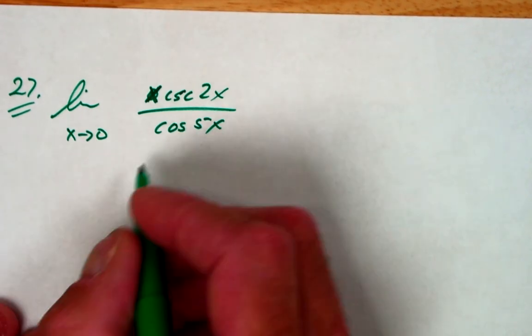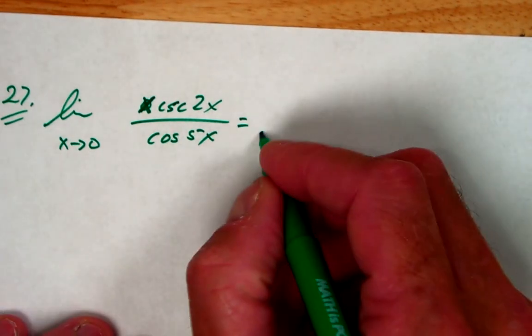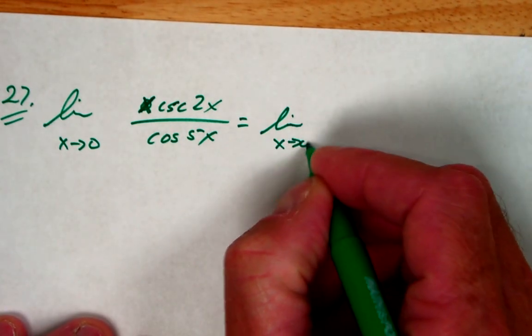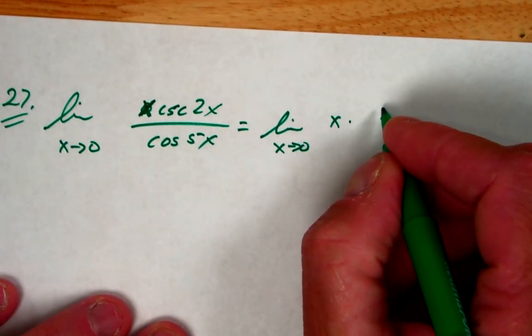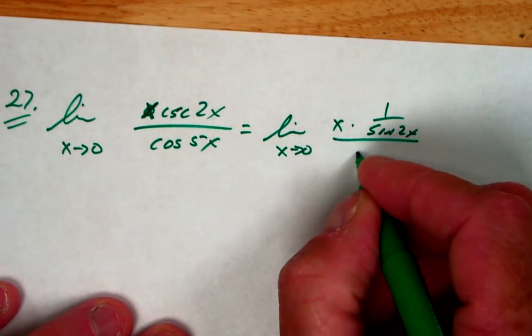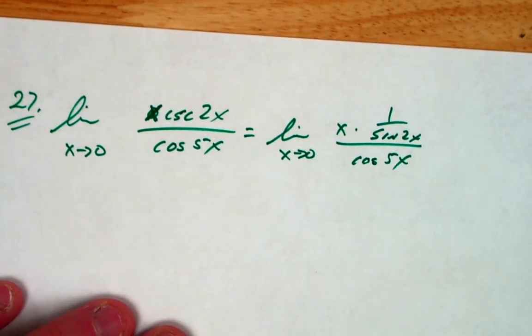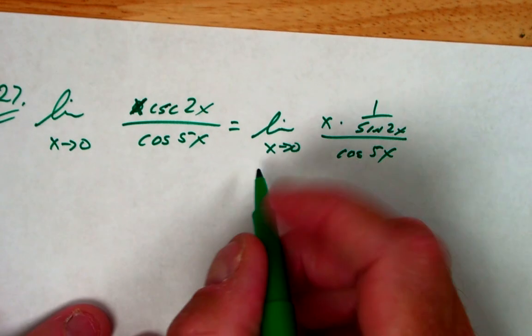So let's just go ahead and simplify. Cosecant is 1 over sine. So x times 1 over sine of 2x over cosine of 5x. Okay, so now let's reorganize this in a way such that we see a sine x and an x compared to one another.